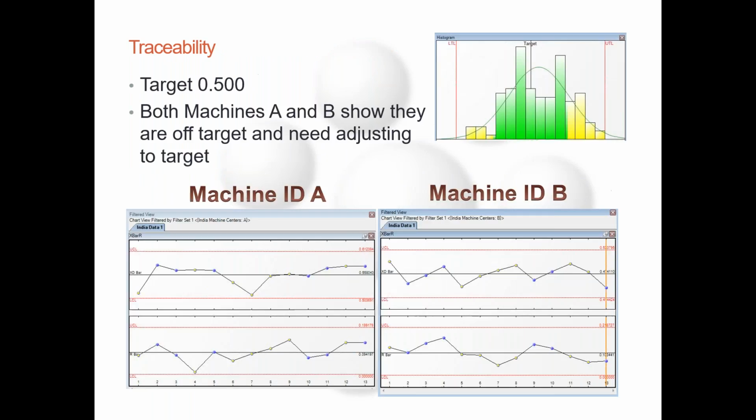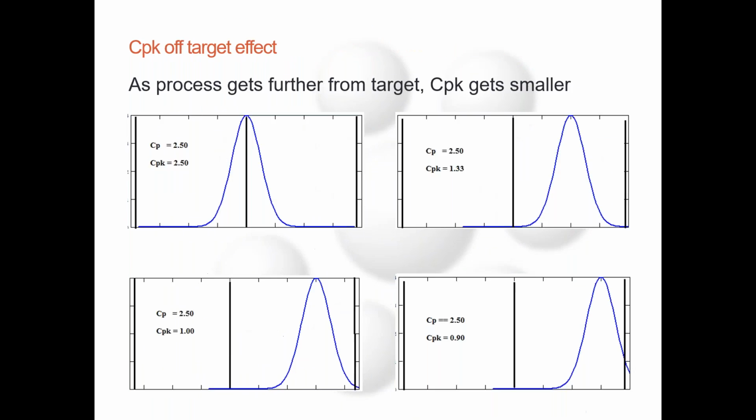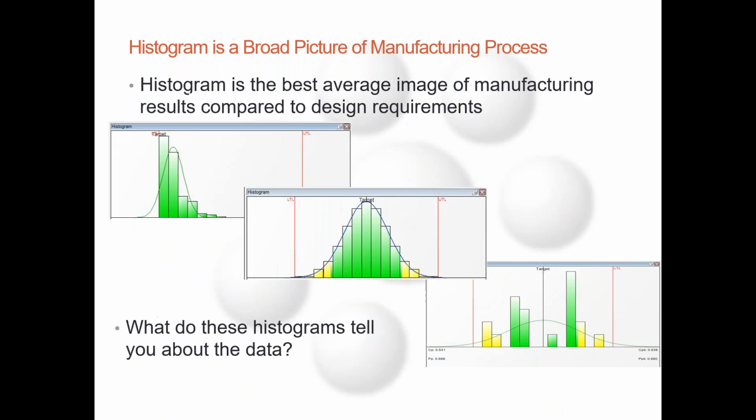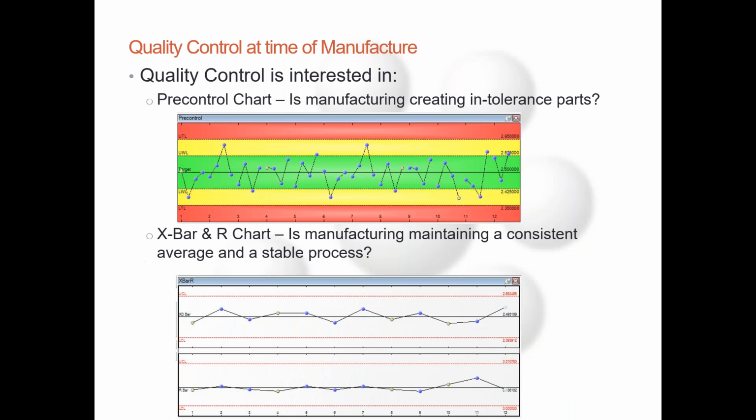All right, I'm going to scroll back here, way back here. In this particular instance, we have a subgroup size of 4. And so the average of these 4 points is that point right there. The average of these 4 points is the number right there.